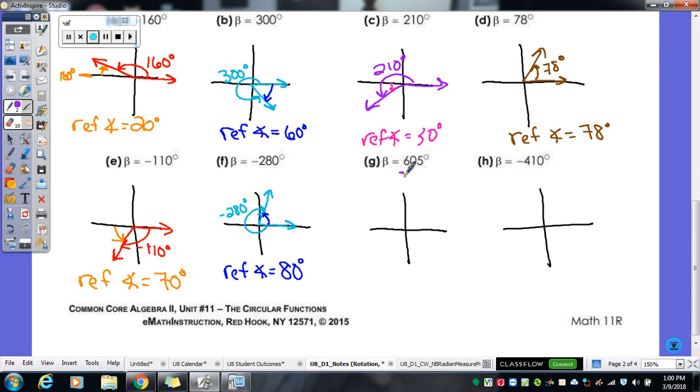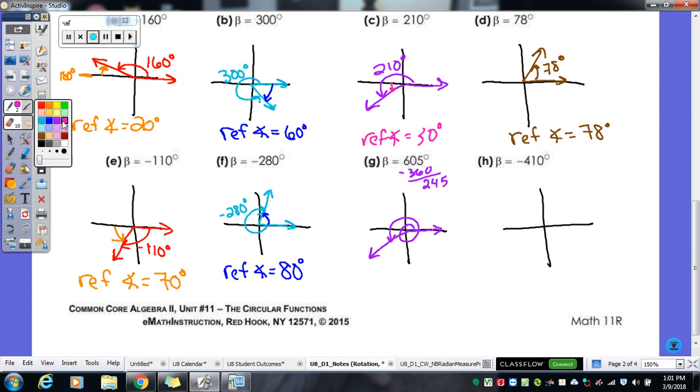For our 605, let's subtract 360 from it. Is it in the second? I don't know. 245. So you're both not right. It would be down here. It goes around one full time, and then it comes and meets in the third quadrant.